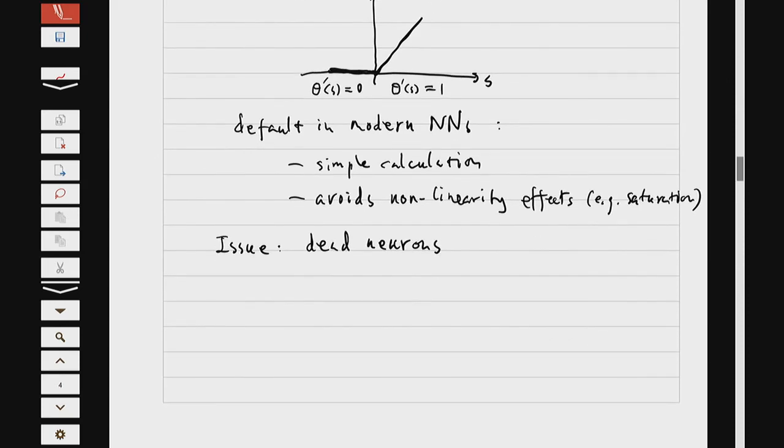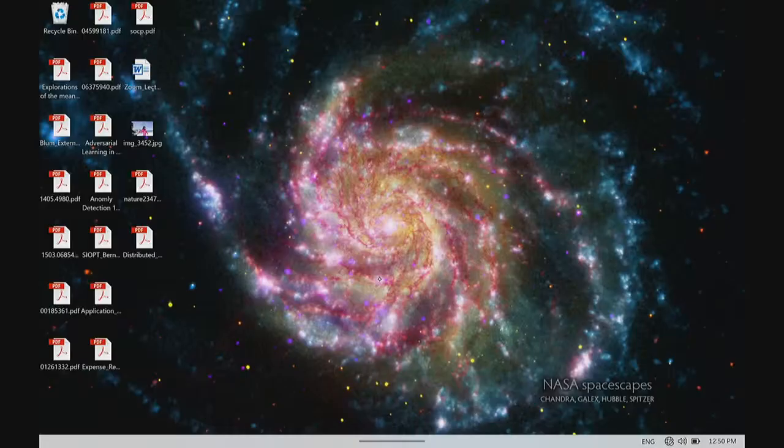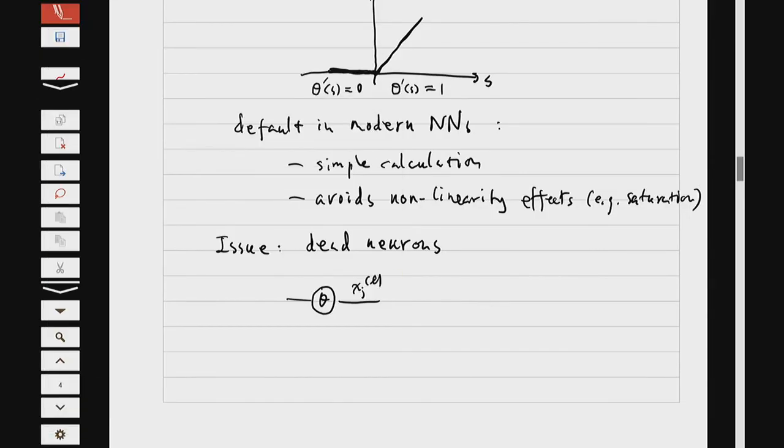So say a neuron comes in, with x_j of L and s_j of L. Of course, this comes in with different weights, w_ij of L. If at some point in time this input becomes negative, it can happen, right? Just some arbitrary combination of weights and input values.